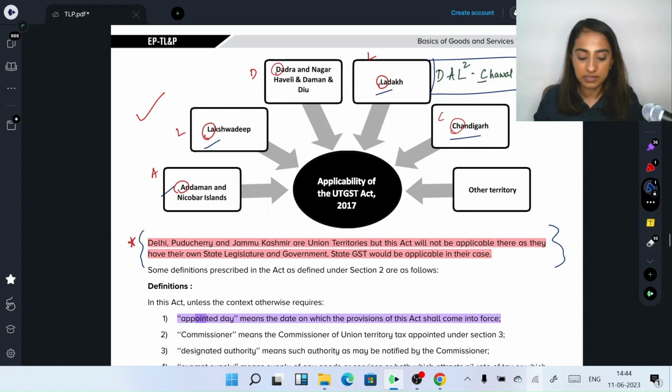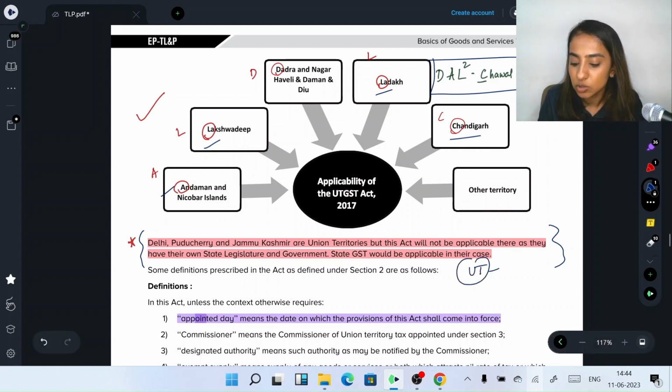not be applicable since they have their own state legislature and government. Now do you understand? From so long I was telling you Puducherry is a union territory. I agree it is a union territory, but that union territory has its own legislature.